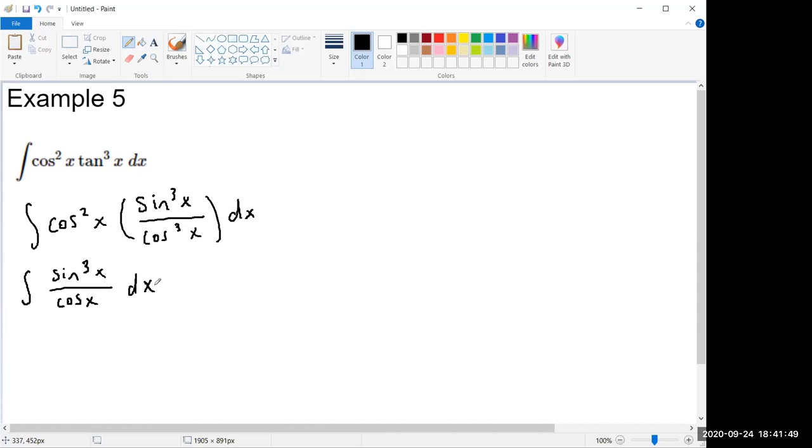What can we do now? Split apart sine cubed into sine squared and sine. Yeah, okay. Let's see where that gets us.